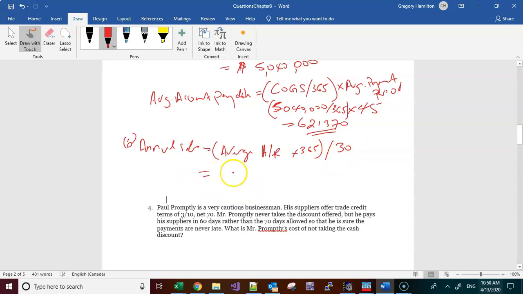So that's equal to 520,250 multiplied by 365, and this will be divided by 30, and our answer should be 6,329,708.